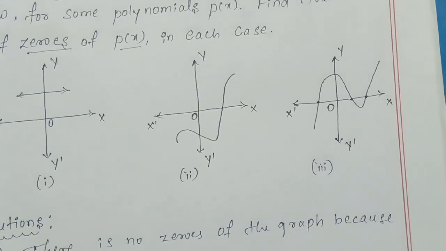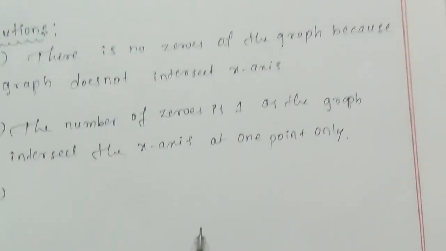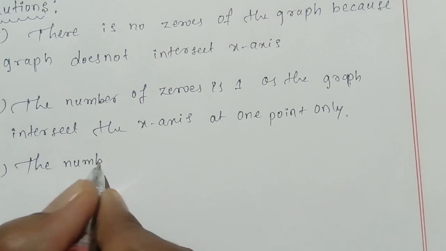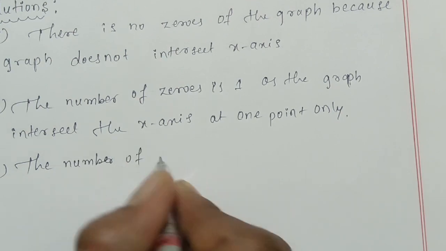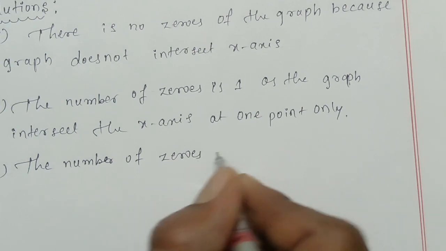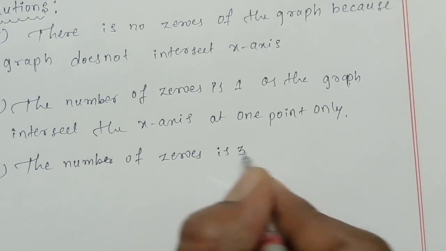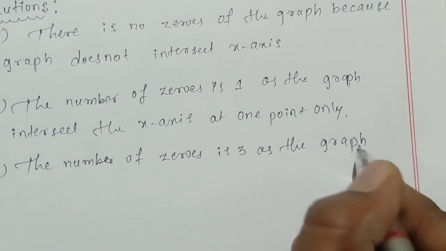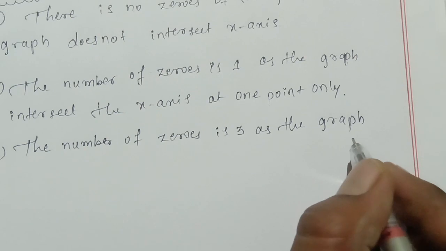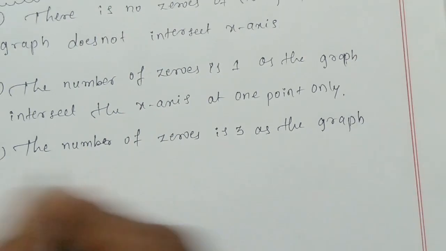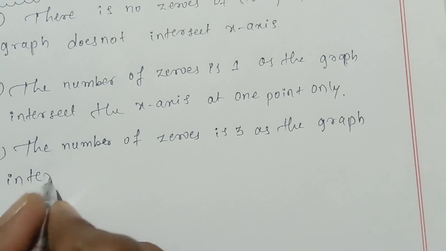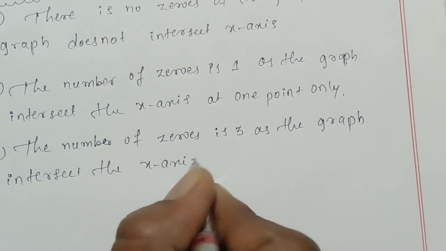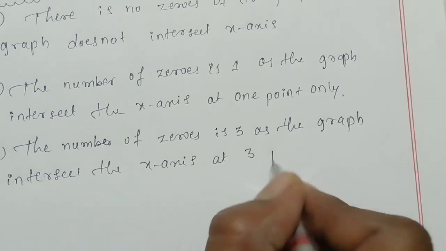So that's why the zeros of the graph is 3. So I will write the answer for this question: the number of zeros is 3 as the graph intersects the x axis at 3 points.